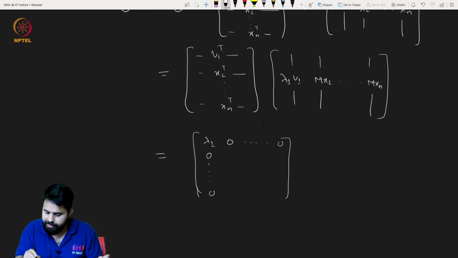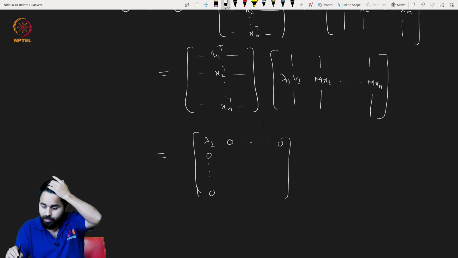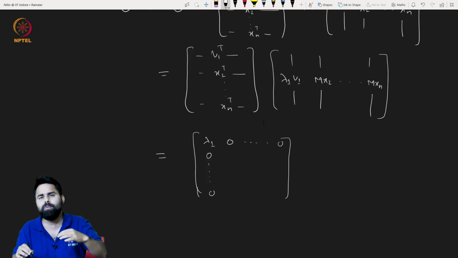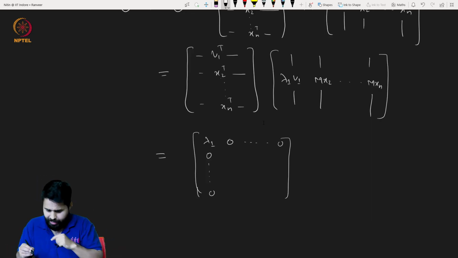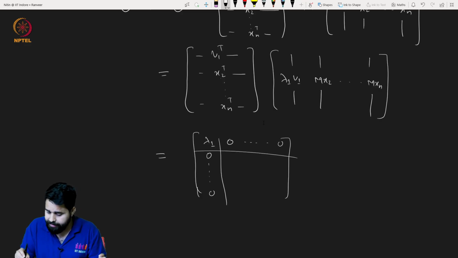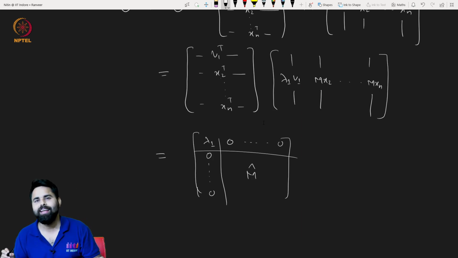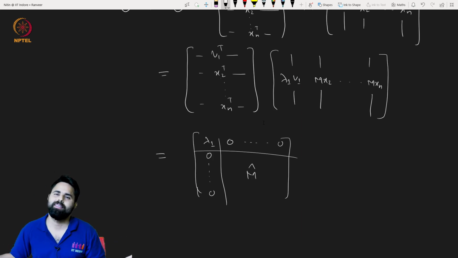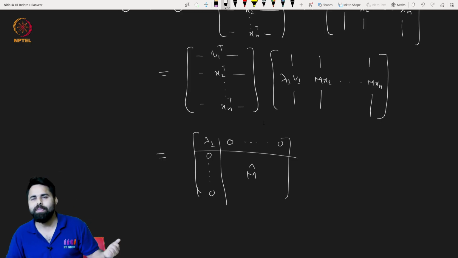So basically what will this entry be? Mx2 having a dot product with Mx2, and in this way you can fill the other entries. Suppose this matrix is M cap. Okay, what is the size of M cap? The size of M cap is n minus 1 cross n minus 1, right?